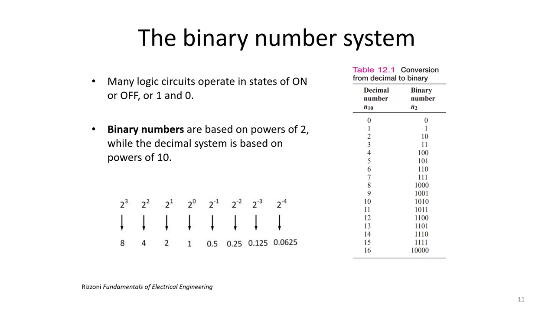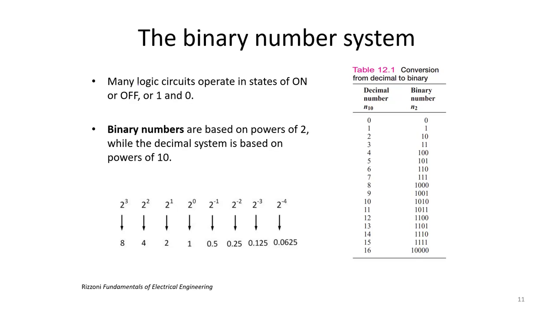This brings us to our next point, the binary number system. Many of our circuits in computers and logic circuits operate in states of being either on or off, or being 1 or 0. And so when we create logic circuits, we often design our circuits to use those binary numbers and binary signals.